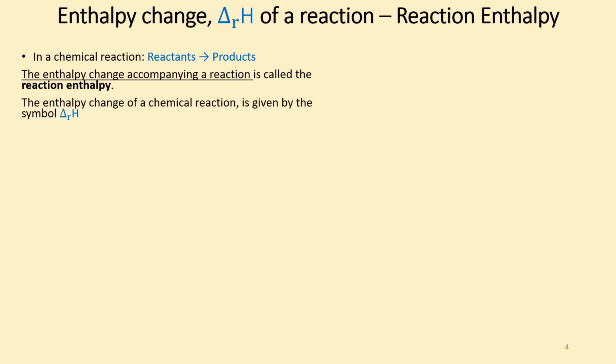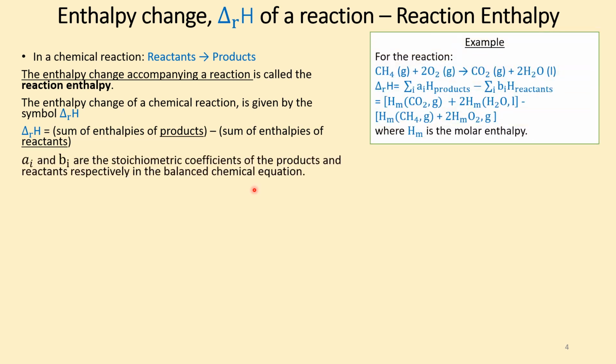It is represented by the symbol ΔrH. ΔrH is equal to the sum of enthalpies of products minus the sum of enthalpies of the reactants. So ΔrH = Σ enthalpies of products − Σ enthalpies of reactants.